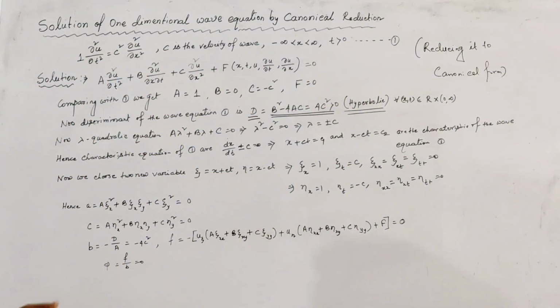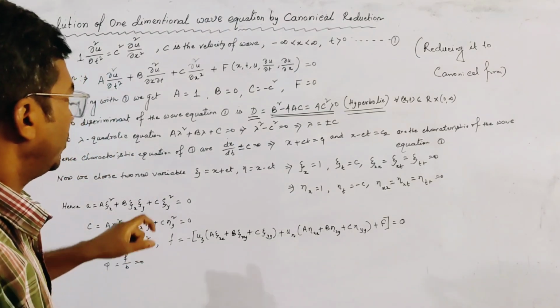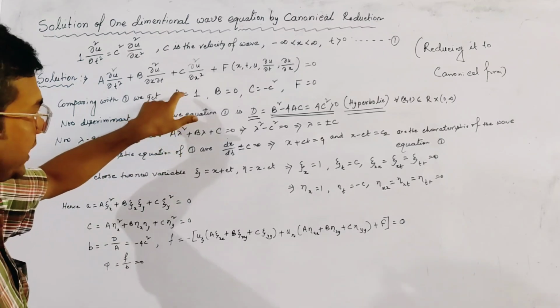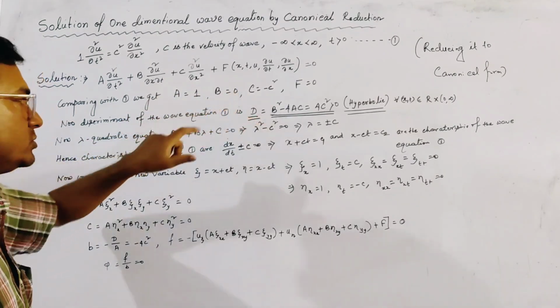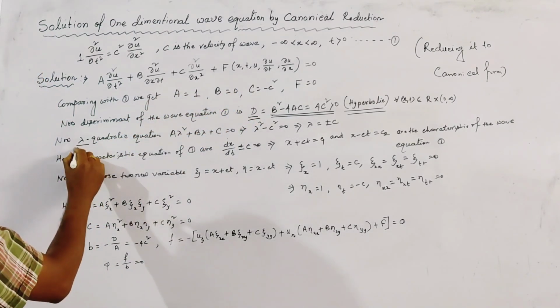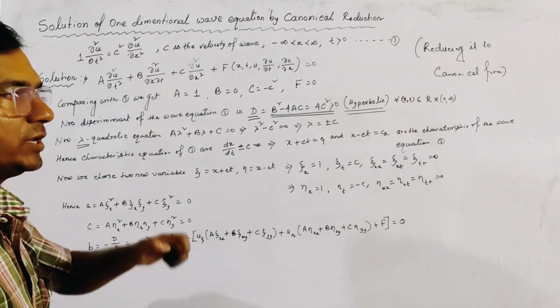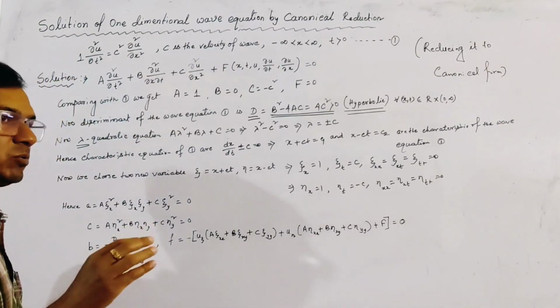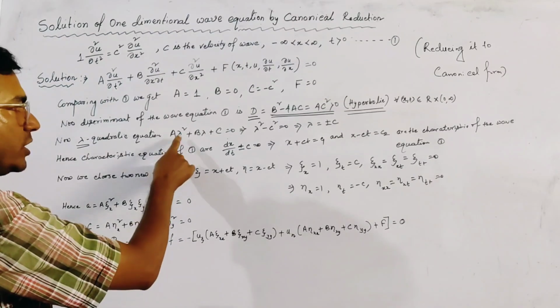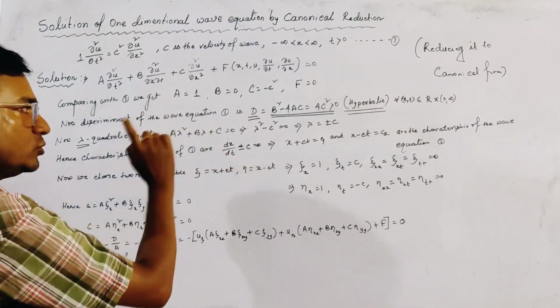Now we find the lambda quadratic equation. What is the lambda quadratic equation? By using the values of a, b, c and using the variable lambda, this is said to be the lambda quadratic equation. We get it as a λ² plus b λ plus c equal to 0.